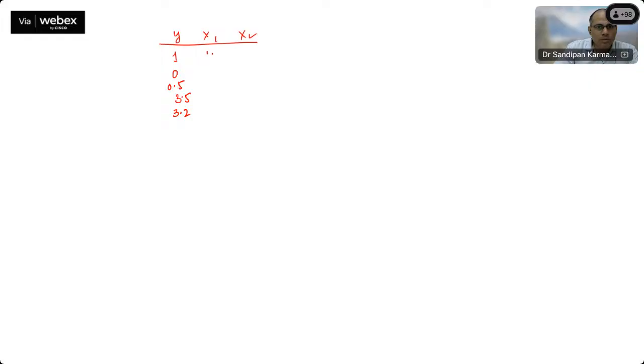X1 is 1, 2, 3.3, 2, 0, and x2 is 1, 2.5, 3.5, 1.5, 1.5. This is the hypothetical data set. Suppose new test data has come as 0.5 and 0.2.